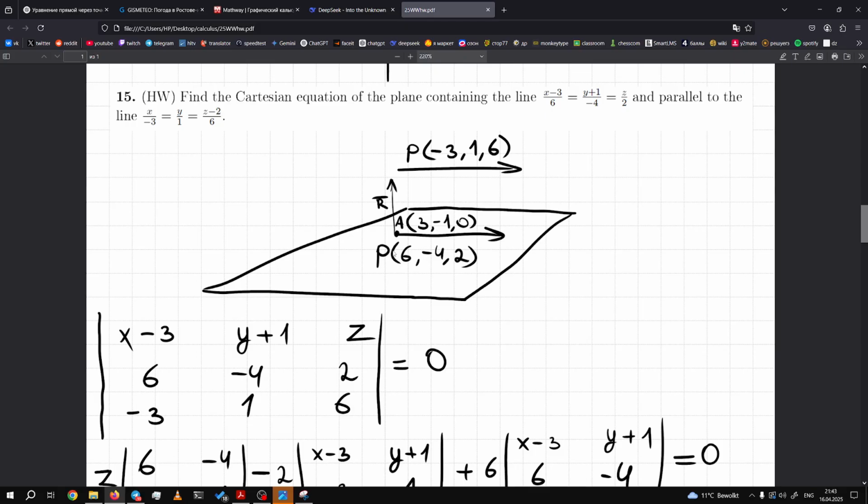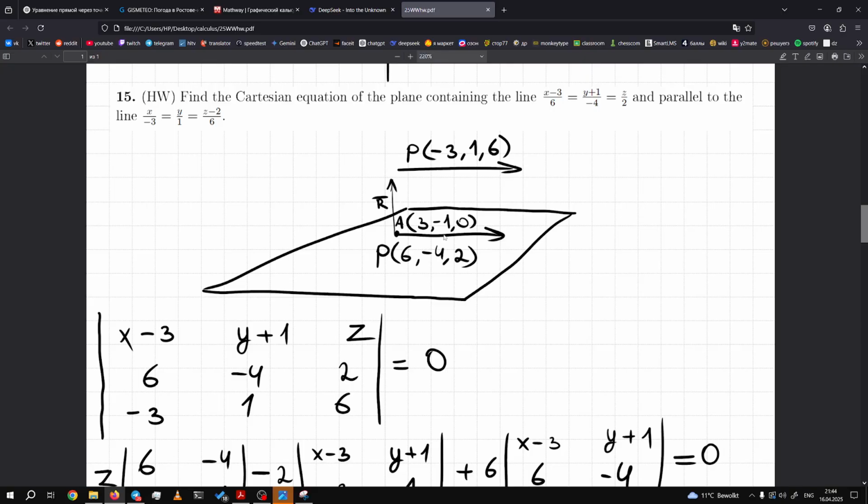And so we can write a vector P. It's one vector in our plane. And this is parallel to the line, and this line is P with these coordinates. And they are parallel. That means that they are both in the same plane.